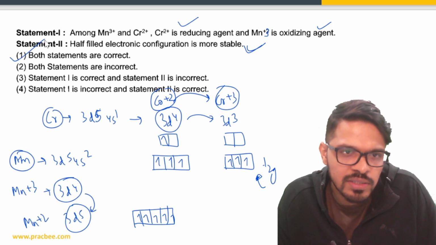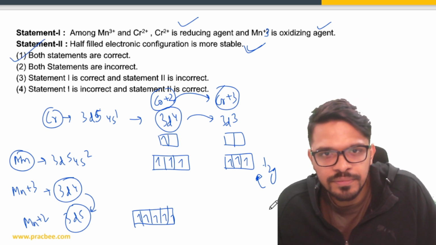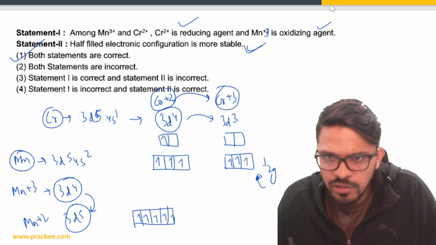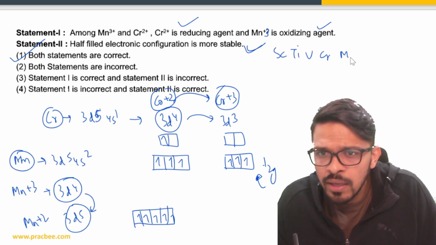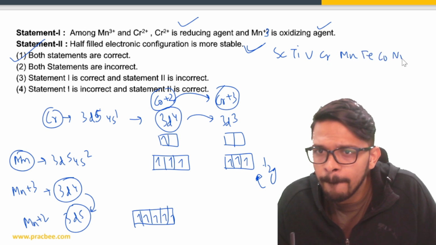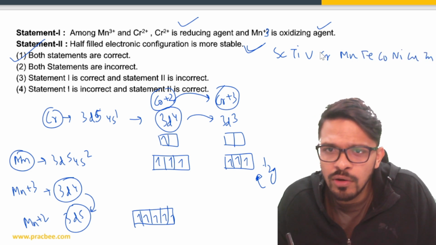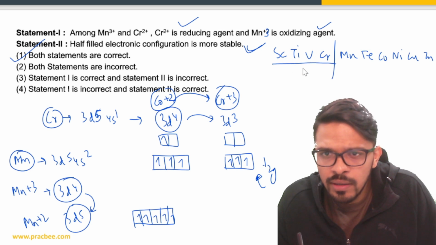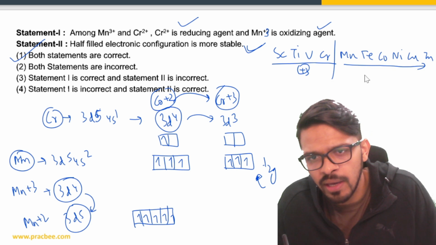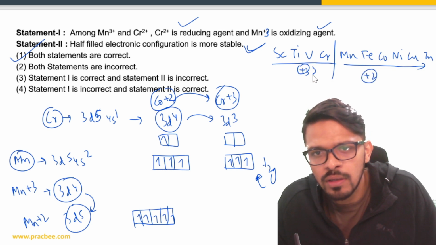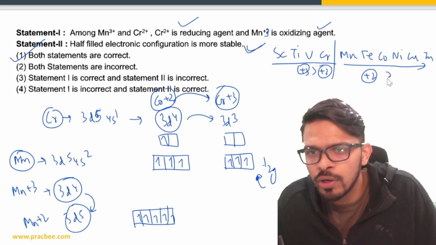So both the statements are correct. Actually, you should remember this, it is very important. Up to chromium, the +3 oxidation state is more stable. From manganese onwards, +2 is more stable. This is a very important concept.